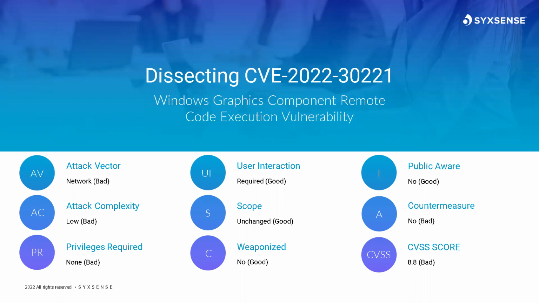The second one is CVE 2022-30221. This is a graphics component remote code execution vulnerability and has one of the highest CVSS scores of my top 5. Now, an attacker would have to convince a user to connect to a malicious RDP server.